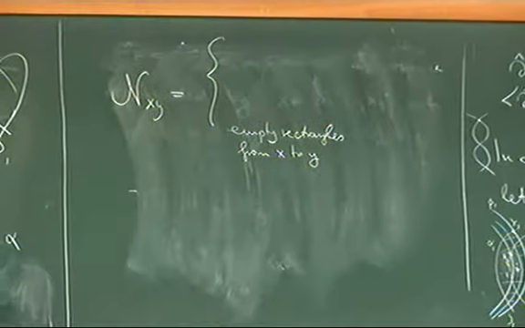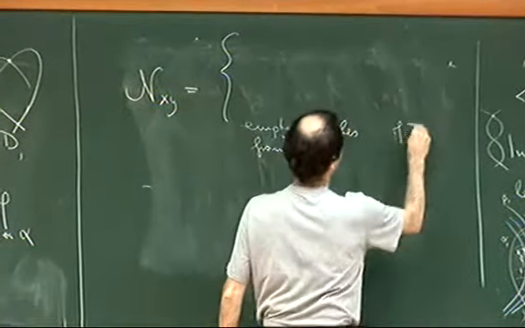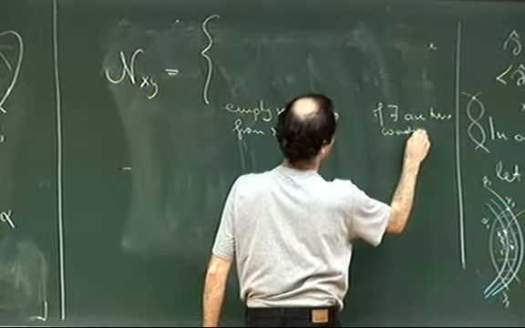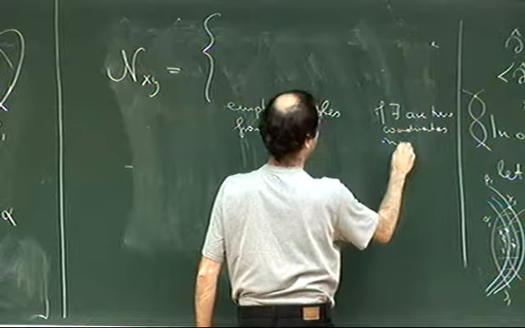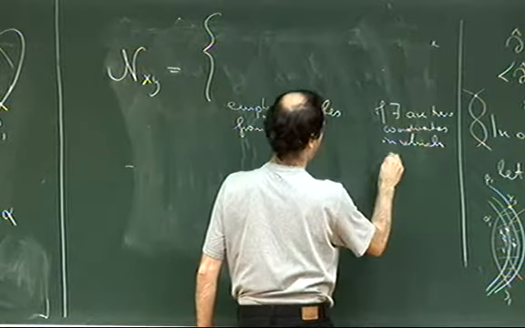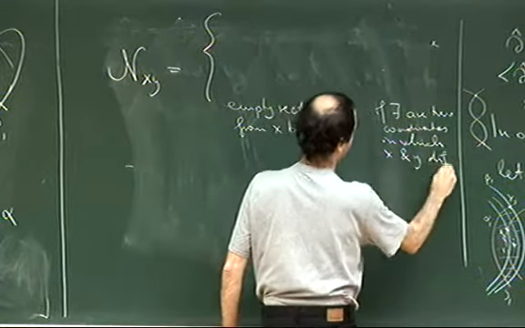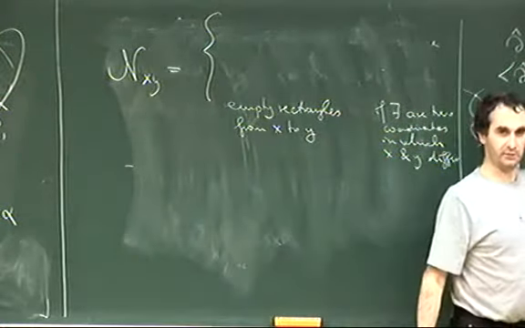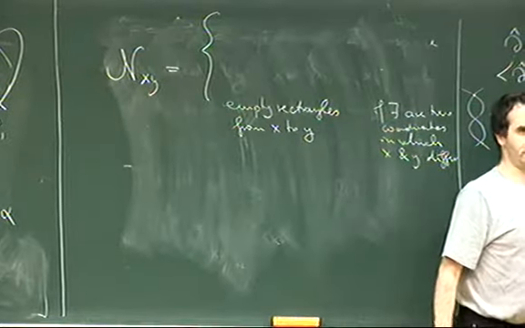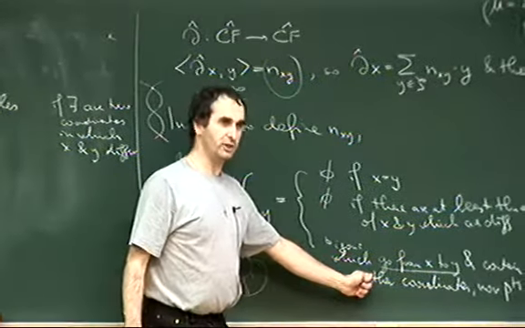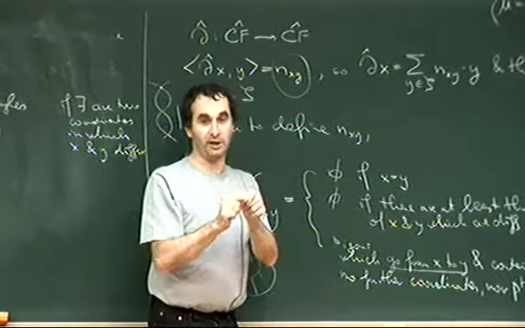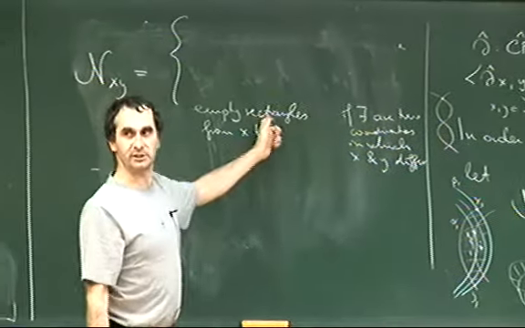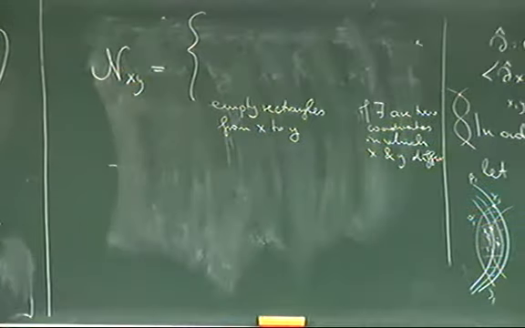In this case, there are two coordinates in which x and y differ. So there are either 0 coordinates when they are equal. There are at least 3 when we don't take anything. If there is 1 coordinate in which they differ, then we take a bigon if it exists. And if there are 2 coordinates, then we consider empty rectangles. So they look like this.